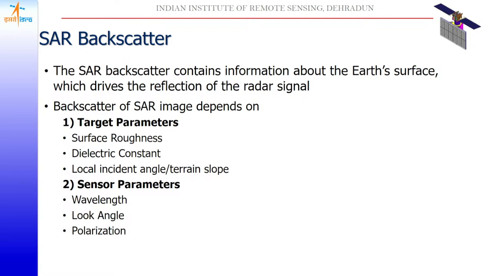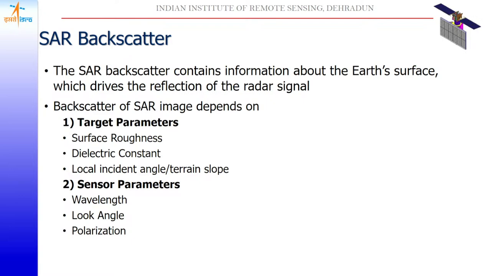So this backscatter energy depends on what type of feature it is interacting with: what is the roughness of the feature, what is the dielectric constant, and what is the terrain slope or local incident angle of the feature.